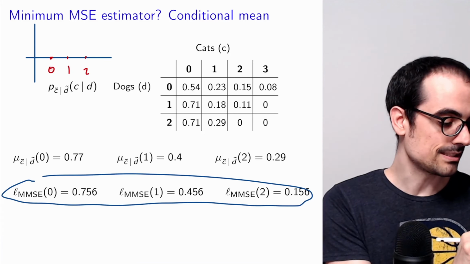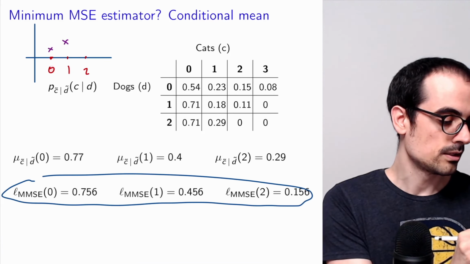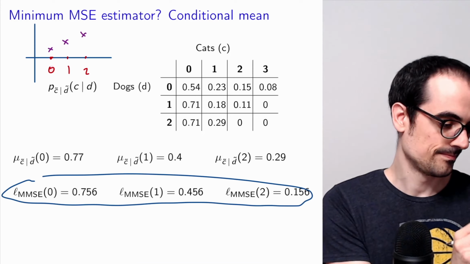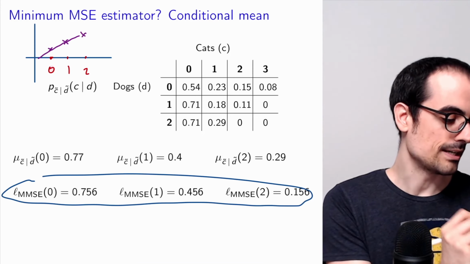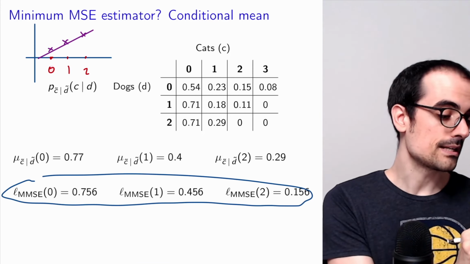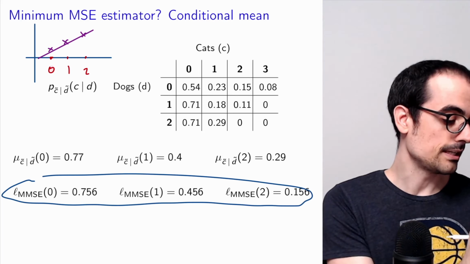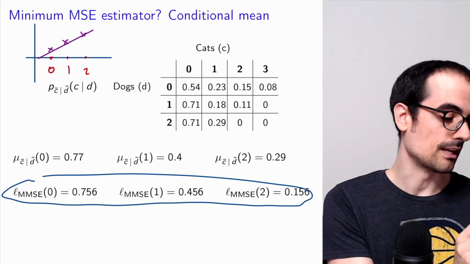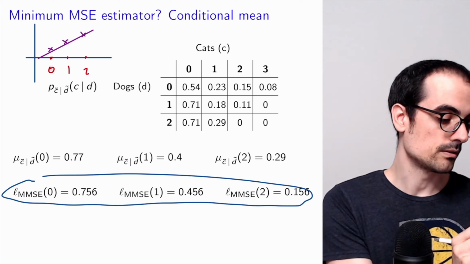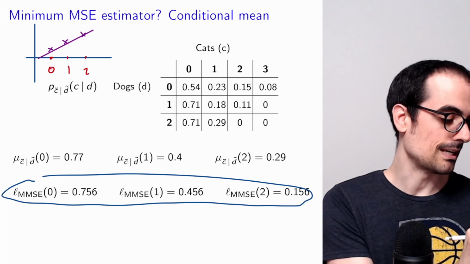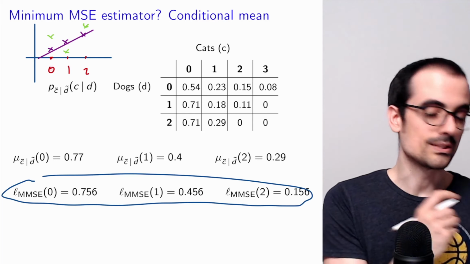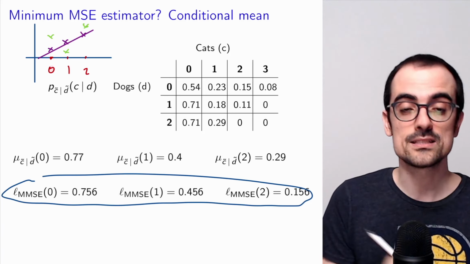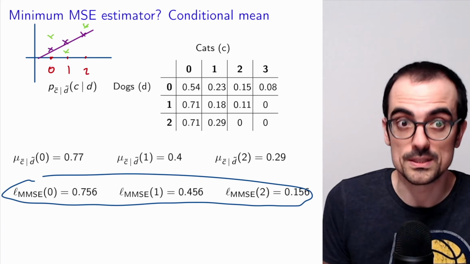Our linear estimator is constrained to lie on a line, whereas the nonlinear estimator does not necessarily lie on a line. It can depart from a line as much as it wants. So it has more flexibility, and in this case, it's different from the linear estimator.